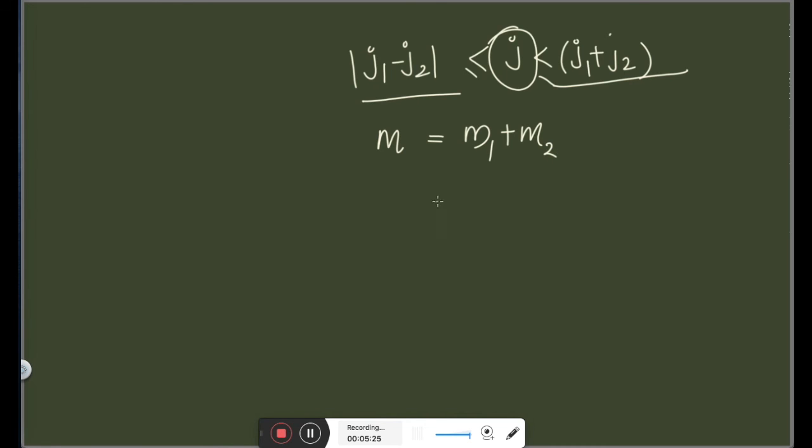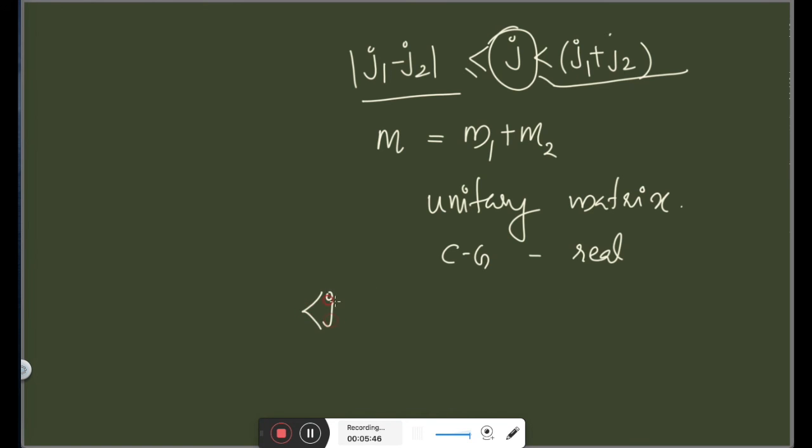And you can see that the CG coefficients are unitary matrices since they transform from one set of bases to another set of bases. And you can see that all the CG coefficients, or the elements, are all real. So real unitary means they satisfy the orthogonal condition, real orthogonal matrices, which means that the element <jm|m1 m2> is similar to its complex conjugate <m1 m2|jm>. The transposes are the same.